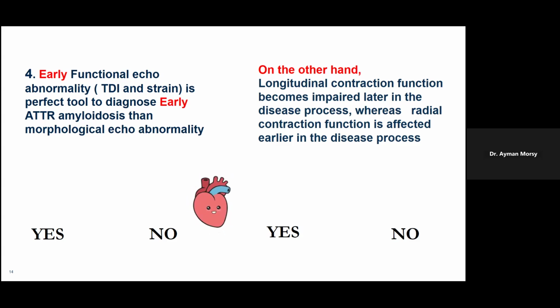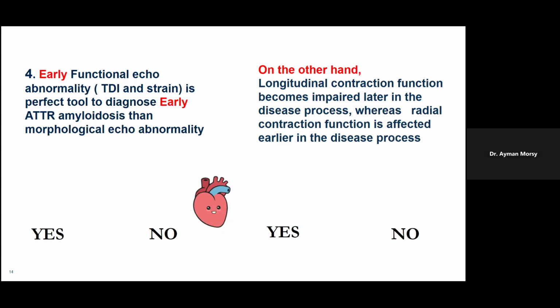On the other hand, this very important point on your right side: longitudinal contractile function becomes impaired later in the disease process than the radial contractile function. Do you agree with that or not? And this is again a very important practical echo finding in your echo lab.